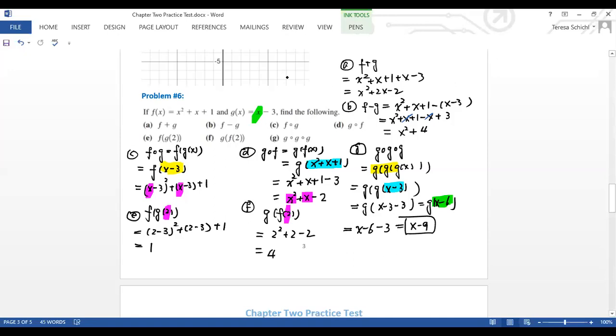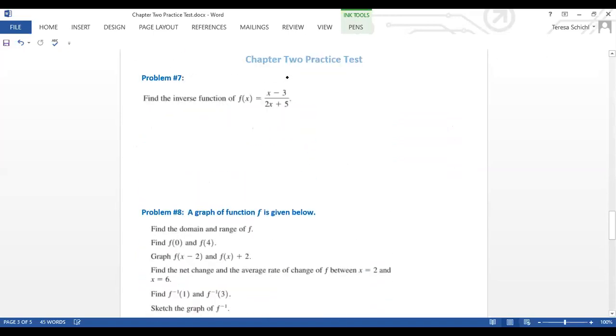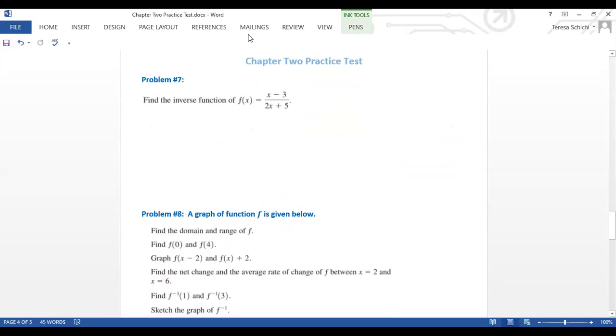All right, now number 7 is to find the inverse function here, right? So we say find the inverse function. The first thing is to write this as y equal to (x minus 3) over (2x plus 5).